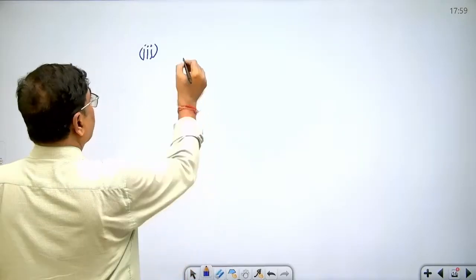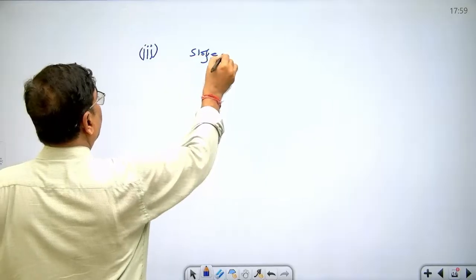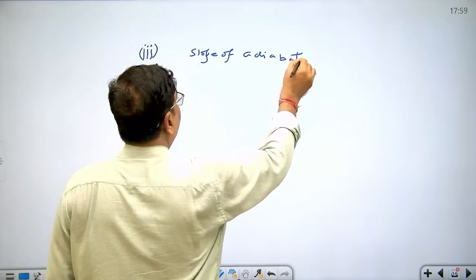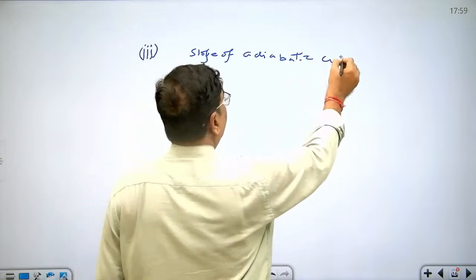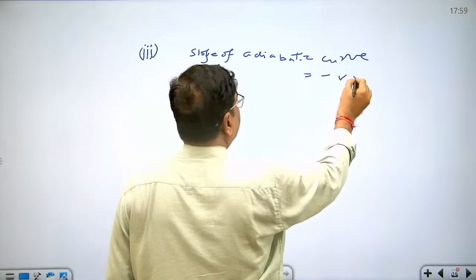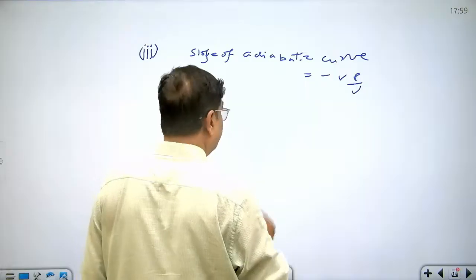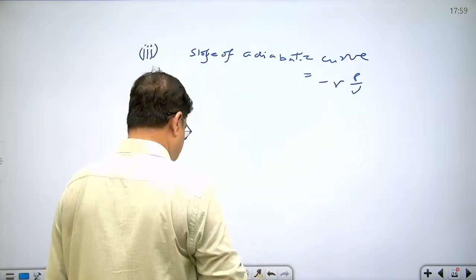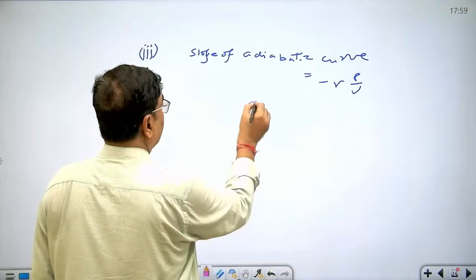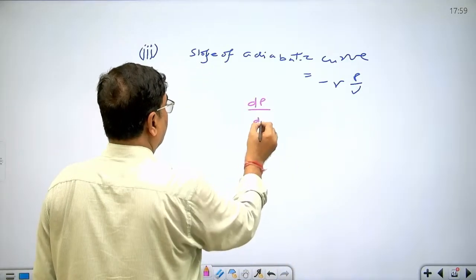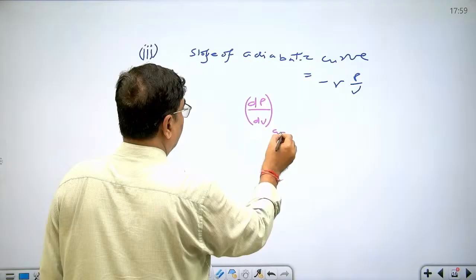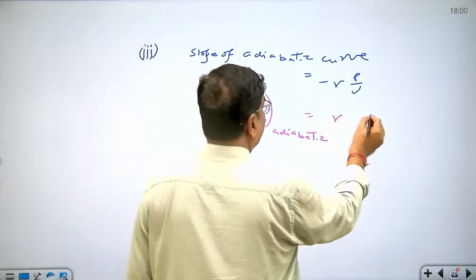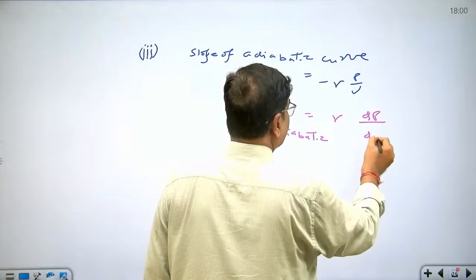Slope of adiabatic curve equal to minus gamma P upon V. Means slope of adiabatic curve is gamma times the slope of isothermal curve.